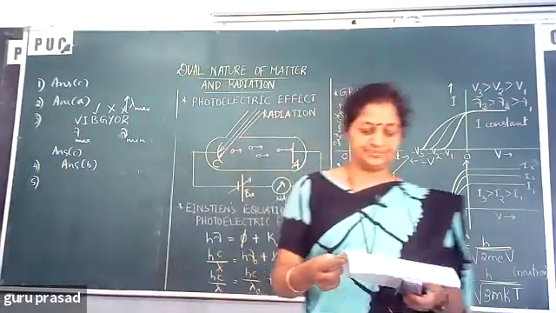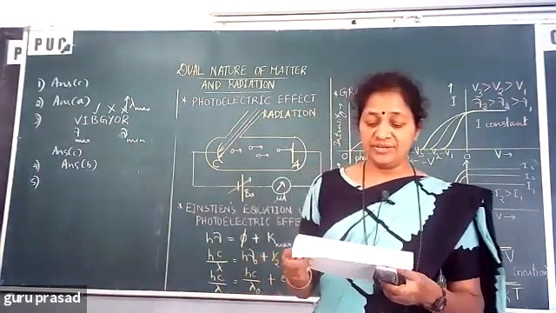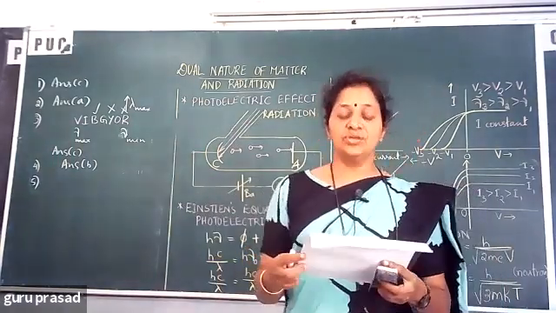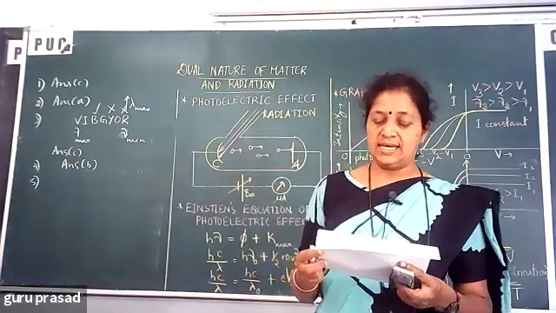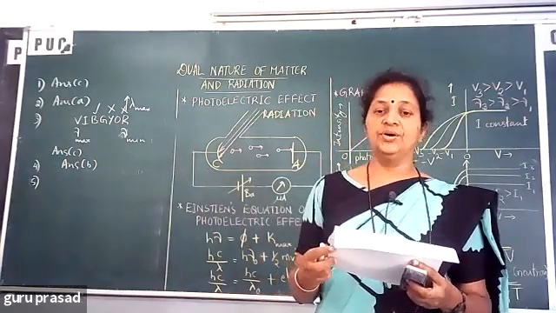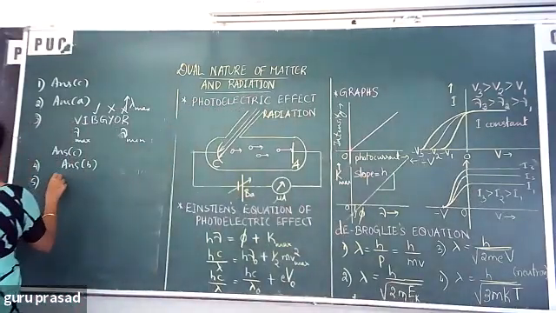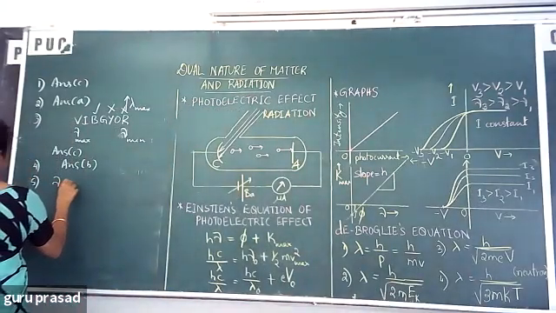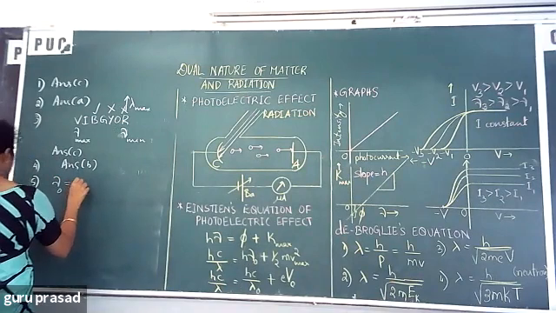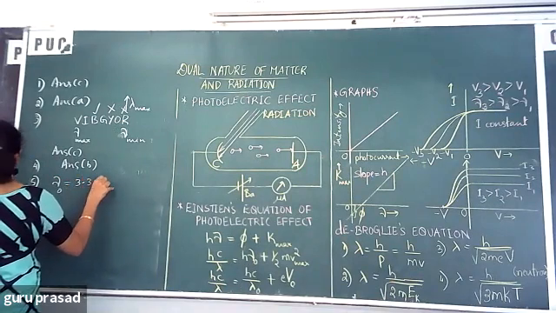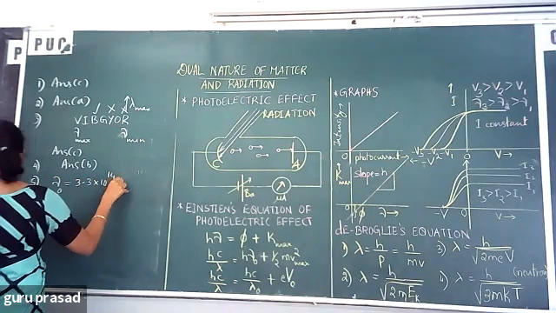Next, fifth one. The threshold frequency for a photosensitive metal is 3.3 into 10 power 14 hertz. Threshold frequency is nu naught.